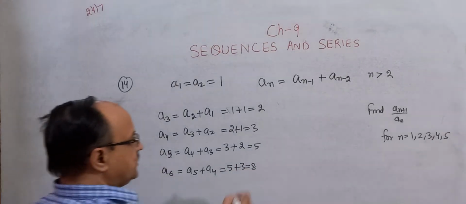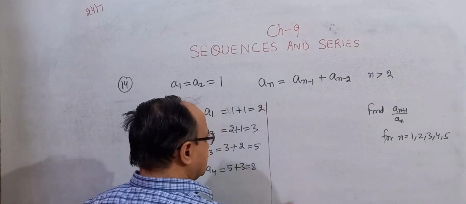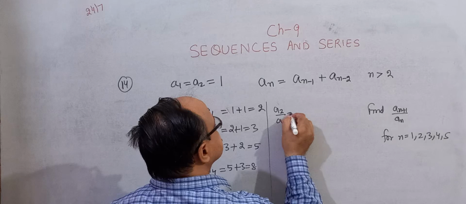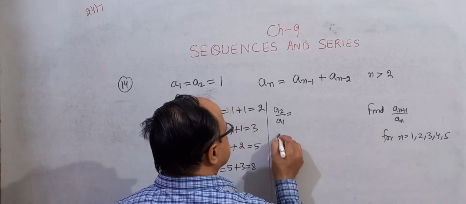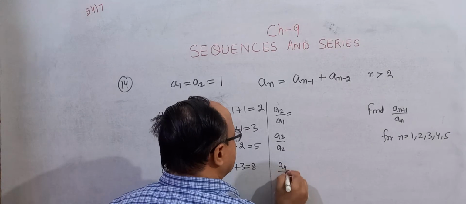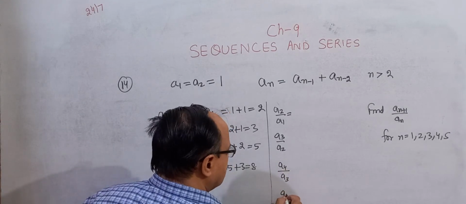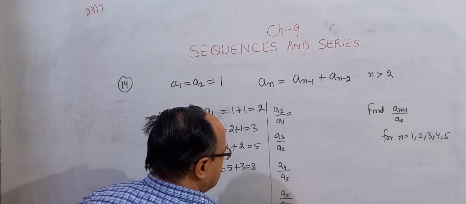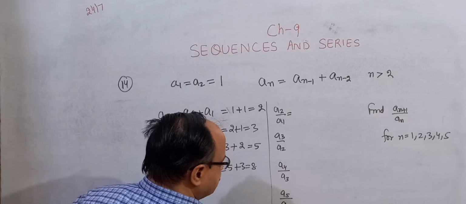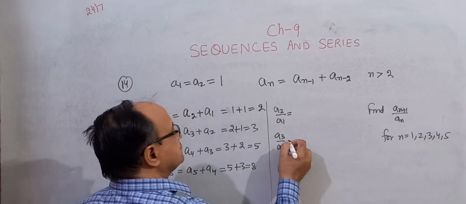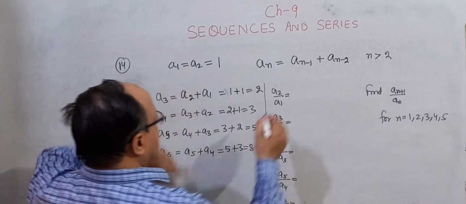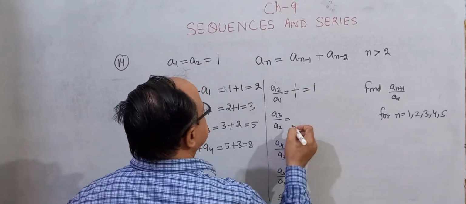Right? And you want to find this. Put n is equal to 1 here: A2 by A1. Put n is equal to 2 here: A3 by A2. A4 by A3. A5 by A4. And A6 by A5. Correct? A2 by A1, that is 1 by 1, that is 1.